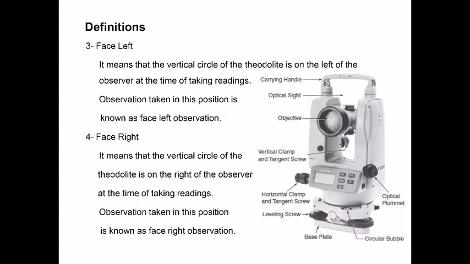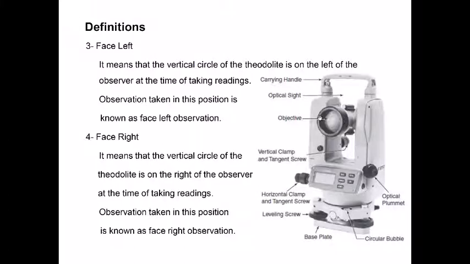And what that results in is a change of face of your theodolite. So we have face left and face right. That means we have this part of the theodolite which is called the vertical circle, an inbuilt feature in the instrument that tells you that the instrument is leveled in the vertical plane, or you could say that the vertical axis and horizontal axis are at 90 degrees.